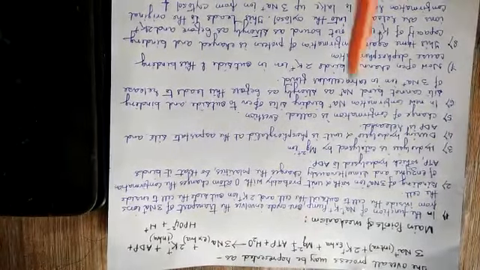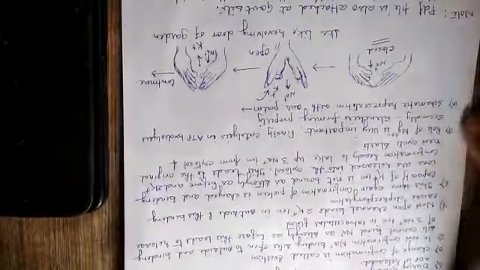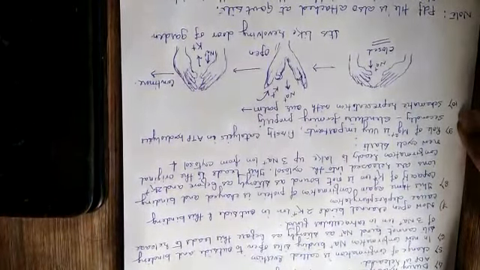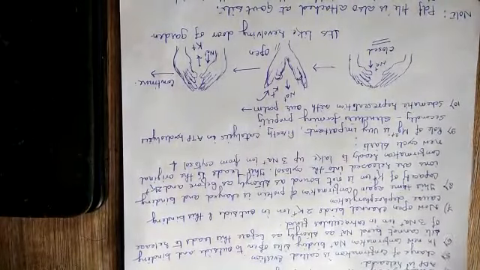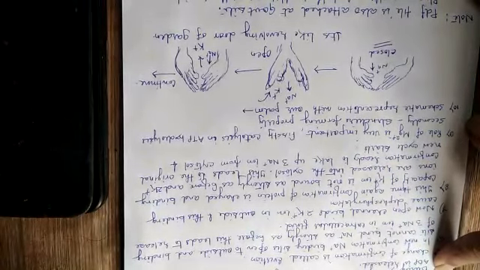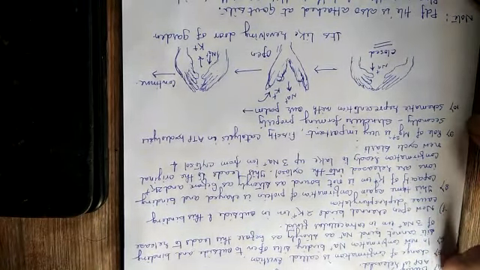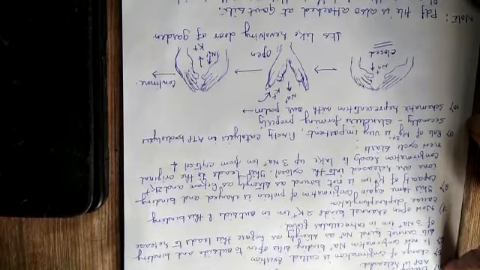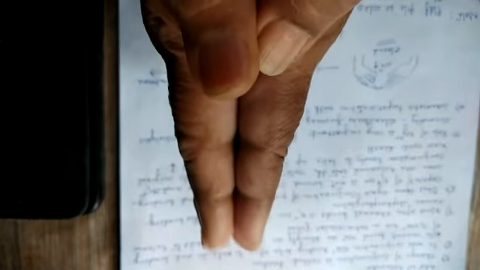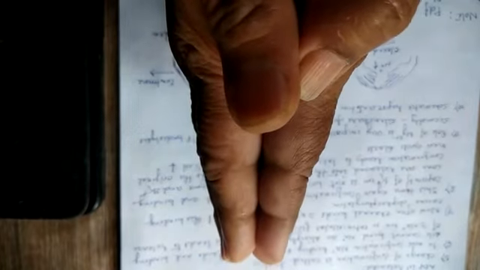These are some important points of this mechanism. In the last point, I mentioned that this protein chain acts like the opening gate of a municipal garden. I showed it here with my palm. If you see my palm, when I close this palm, these 2 palms are the protein chain.